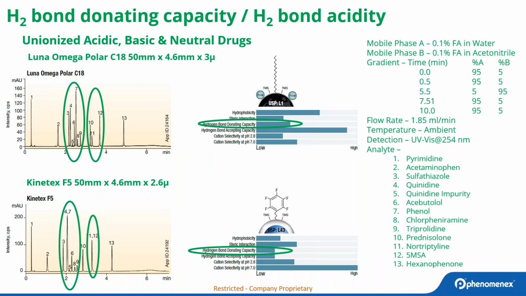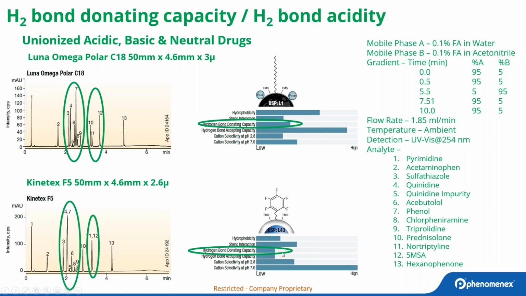An example of that here, right? We have a lot of different compounds of interest, and we have two different hydrogen bond donating capacities. On the bottom, for the Kinetex F5, we have a lower selectivity, so this is not contributing as much as the cation selectivity, right? On the top, we have a higher amount of hydrogen bond donating capacity.